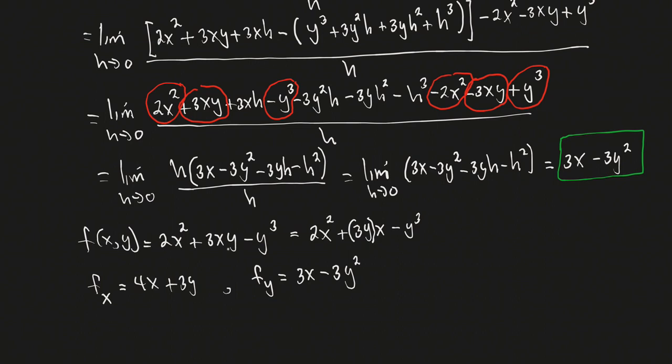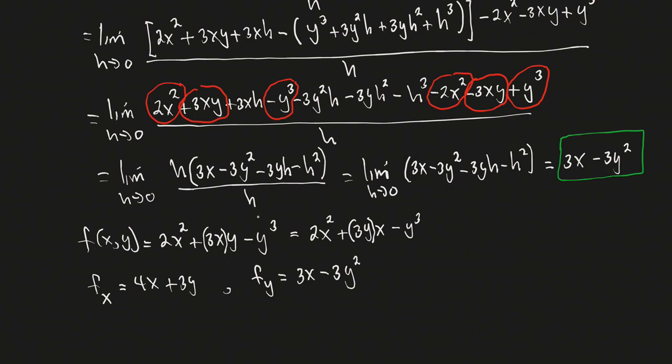The middle term now, if I'm differentiating with respect to y, then this whole 3x is like a constant times y. And I know, based on my power rule, that when I differentiate with respect to y, if I have a constant times y, I'm just going to be left with the constant. That explains why I'm left with a 3x here.